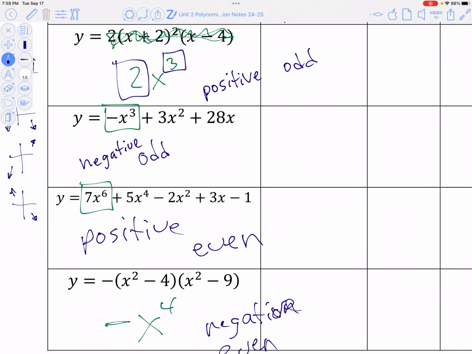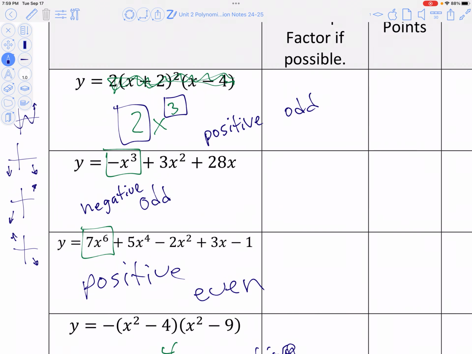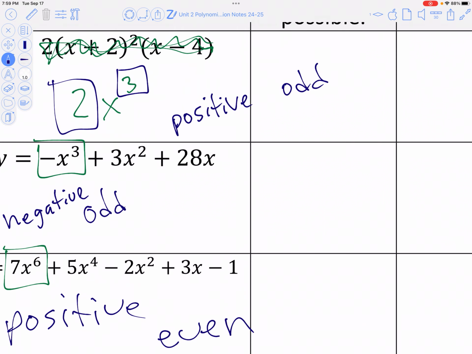For example, the first one, 2x cubed, the end behavior will point in opposite directions. Positive tells you it has a positive slope, so as you go left to right, it goes up. This one is also odd, negative x to the third, but because it's negative, it's going to be like a negative slope.